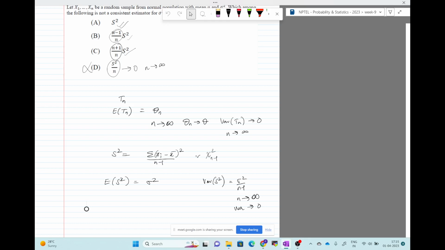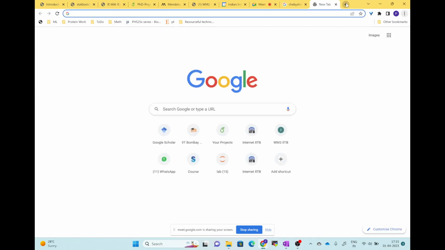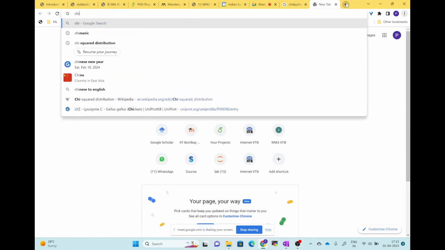Is it? Yeah, because the variance of a chi-square distribution with n degrees of freedom is 2n. Let's check. Yes, sir, this is true.